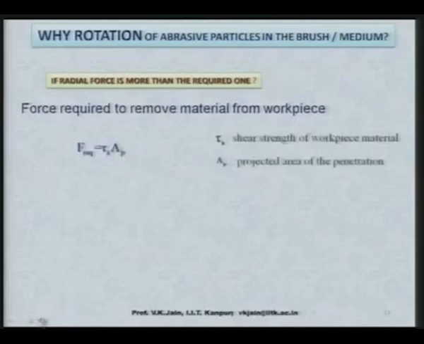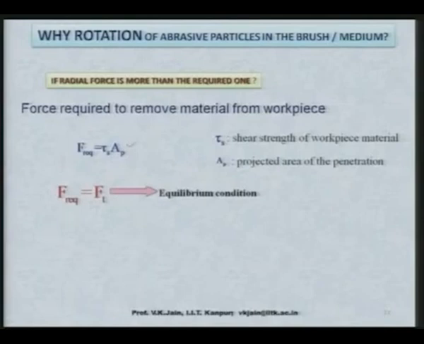Now, three conditions exist over there, I will show you. Why does rotation of abrasive particles in the brush or the medium take place? If the radial force is more than the required one, what will happen? The force required to remove material from the workpiece will be equal to tau s multiplied by A p, where tau s is the shear strength of the workpiece material and A p is the projected area of the penetration.